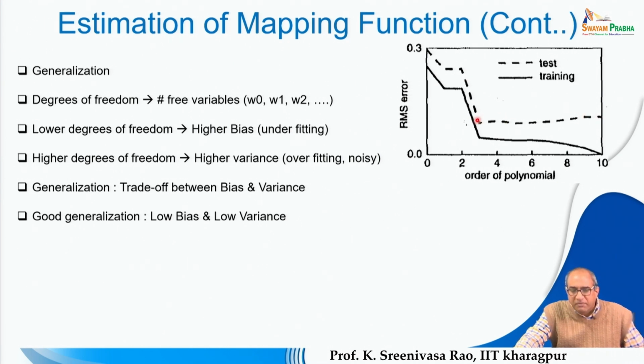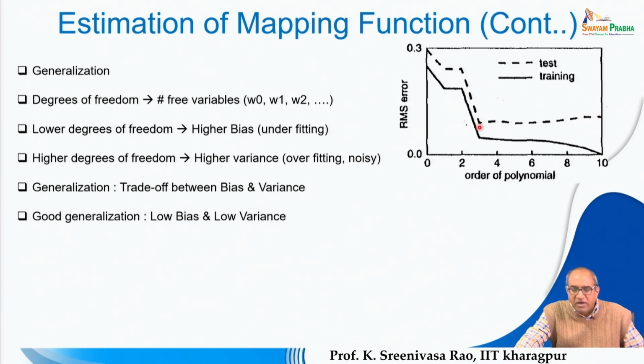So you can see the minimum error is observed at 3. It means that this is the best model, or the optimal model, the polynomial which represents the true underlying system function, because until that point the error decreased, and afterwards there is no decrease in the error for unseen data.